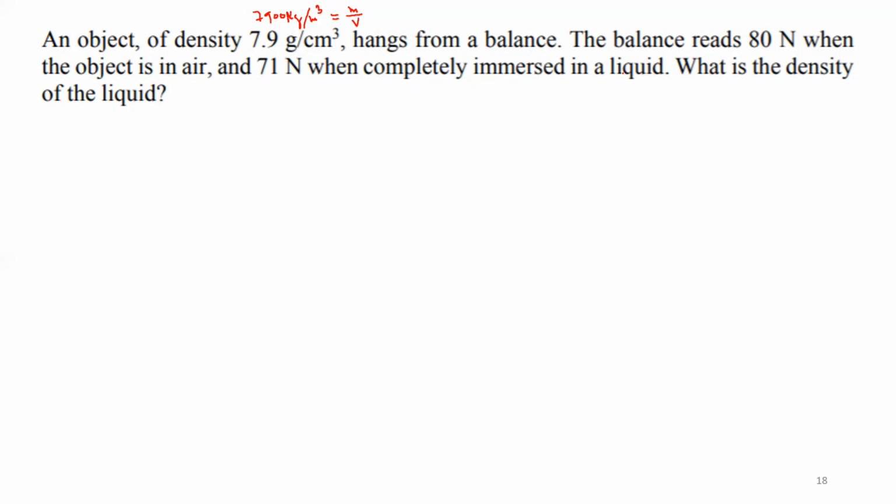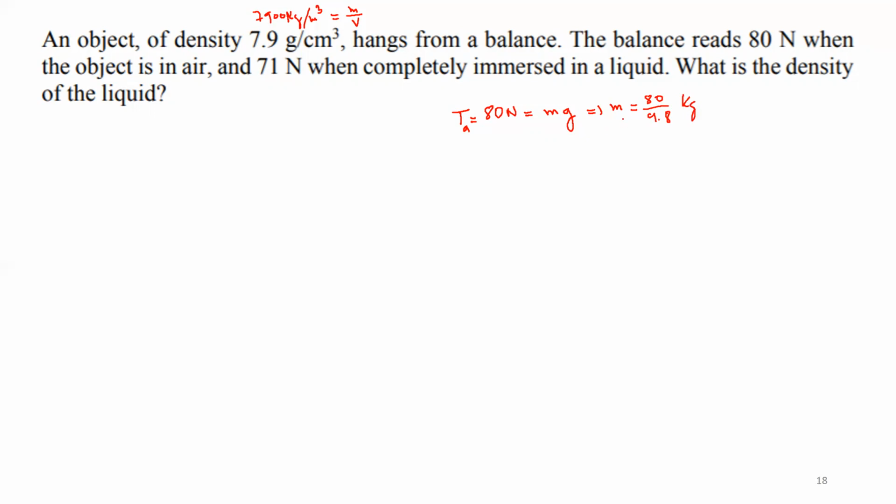Good. So the balance reads 80 Newton when the object is in the air. In the air, I can neglect the buoyant force, so the reading that I will call T, tension, is equal to 80 Newton. This will be equal to the mass of the object multiplied by g. So that means I know the mass of the object: 80 divided by 9.8, in kilogram.